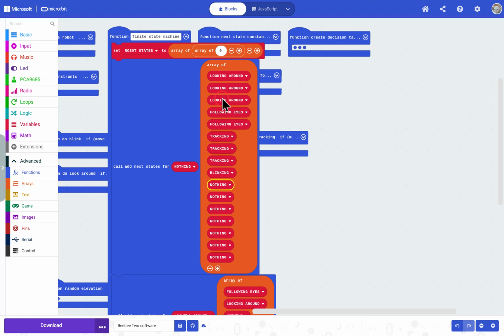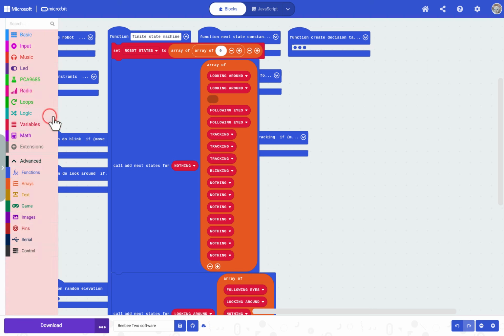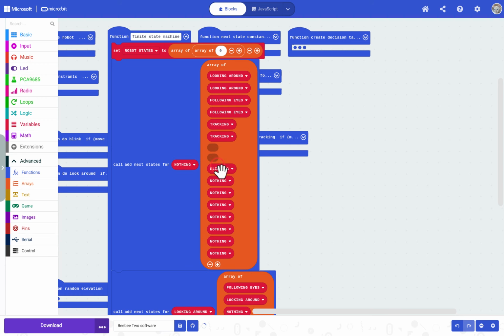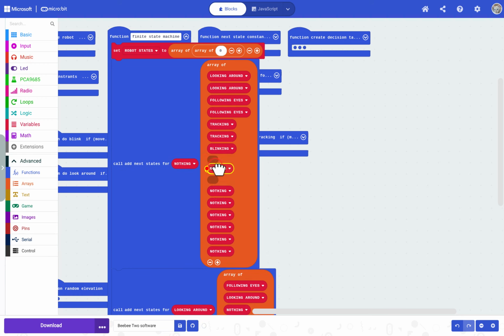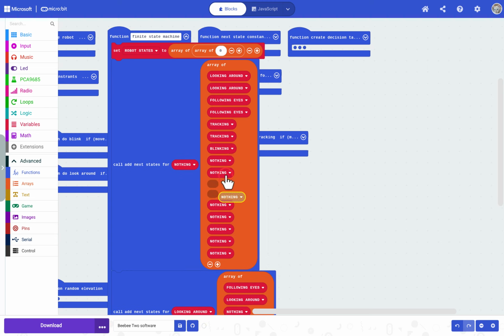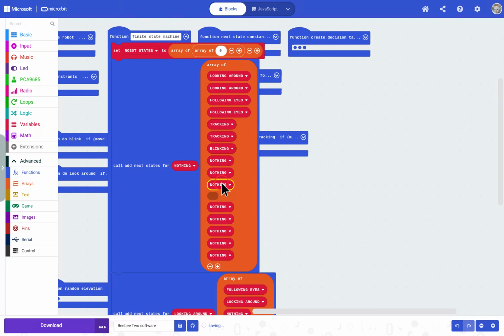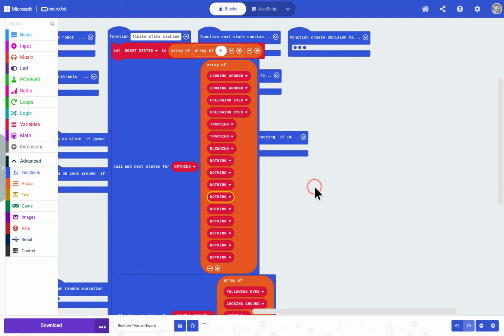I'm going to take one of the looking around out, and one of the trackings. Oh, and make the rest of those nothing. So I want a bit less activity from our robot. So this should do that.